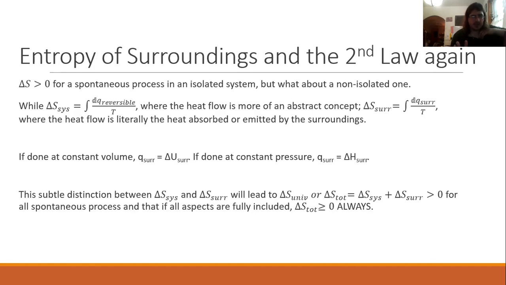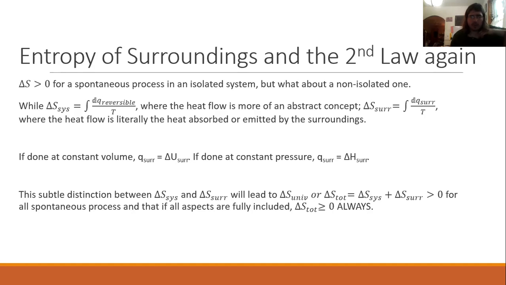If this is done at a constant volume, Q surroundings can be calculated as dU surroundings. If it's done at a constant pressure, Q surroundings can be calculated as delta H surroundings. This subtle distinction between delta S system and delta S surroundings will lead us to a concept of delta S universe, or delta S total, that if we add those two numbers together, will always be greater than 0 for all spontaneous processes.